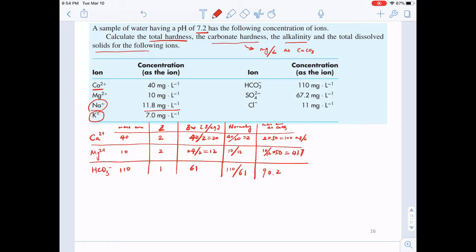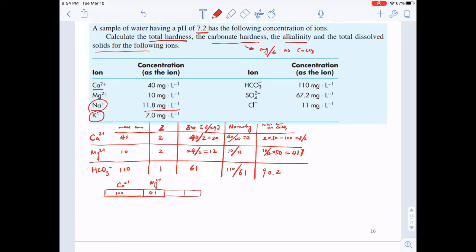So now we can start to construct the alkalinity, or the total hardness here, right? So you can build this bar graph. Here, this is calcium. It represents 100, right? And then this section here is the magnesium. This is 41, right?